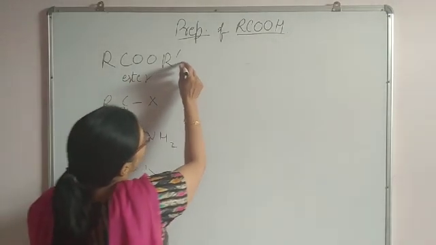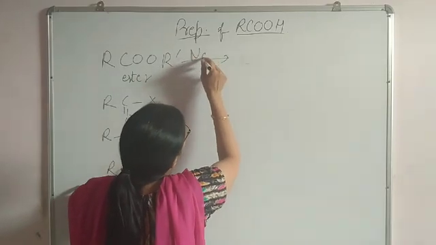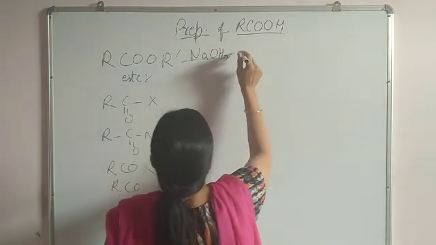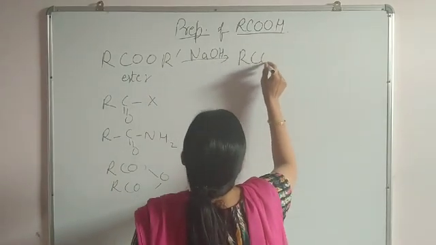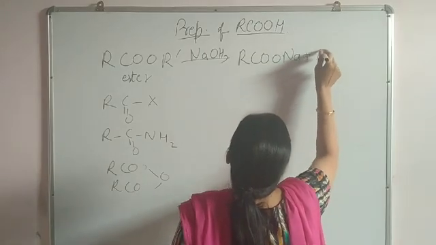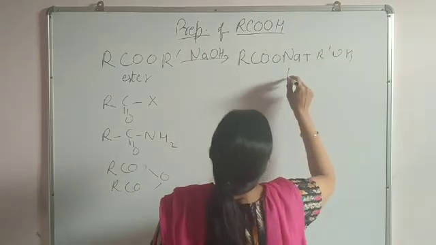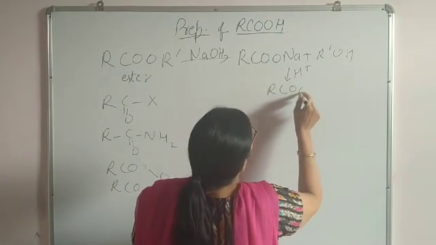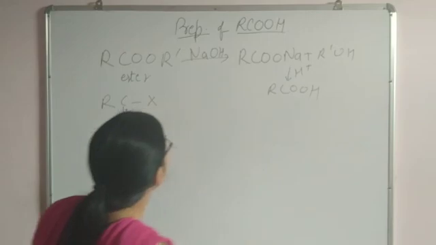So this ester, from your old studies, first step, when NaOH is there and hydrolyzed, there will be formation of RCOONa plus R dash OH. Further it is hydrolyzed in the presence of acid, there will be formation of RCOOH.